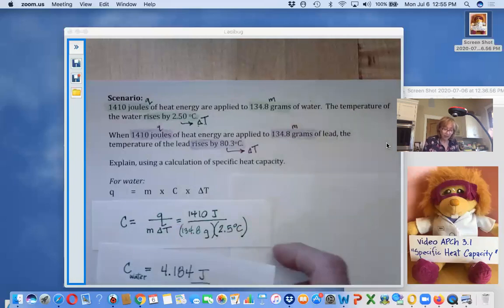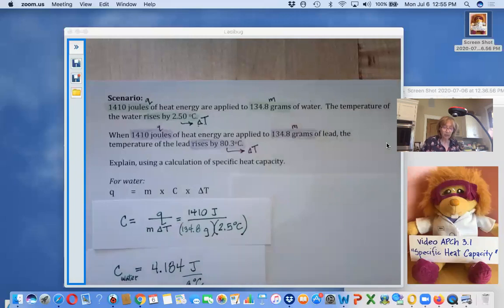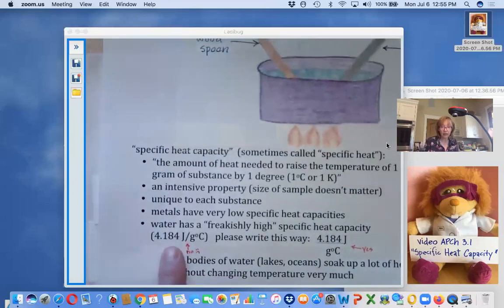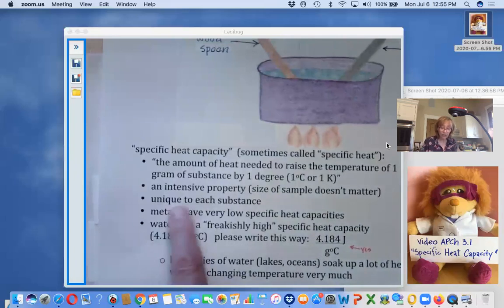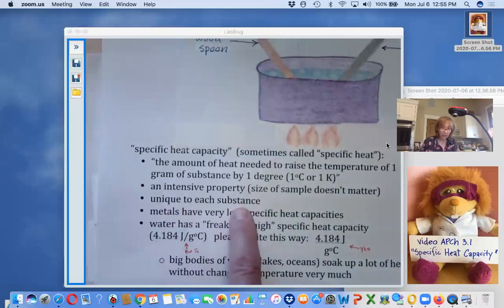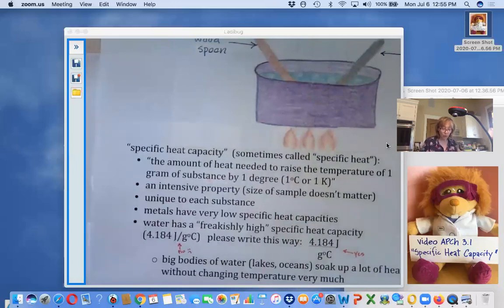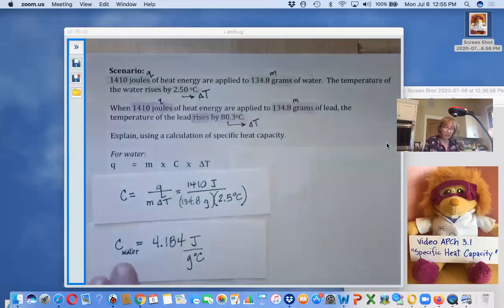And that gives us the specific heat for water, 4.184, which is what we should expect because water's specific heat capacity is unique to it. Every sample of water, whether I'm talking about the whole entire ocean or a pot of spaghetti water or a spoon of water, specific heat should have this unique value.